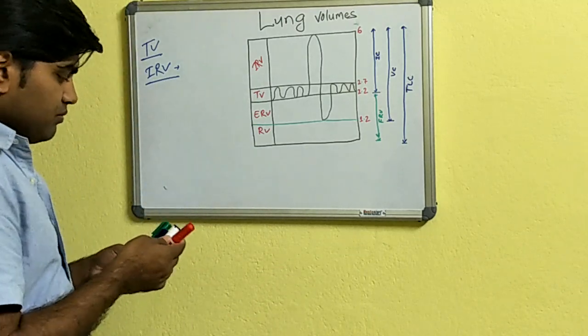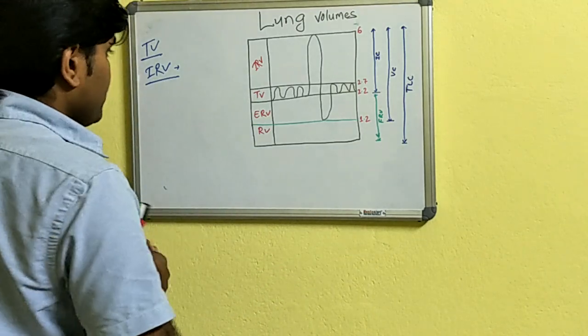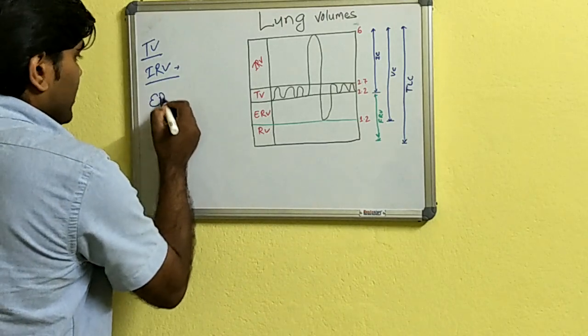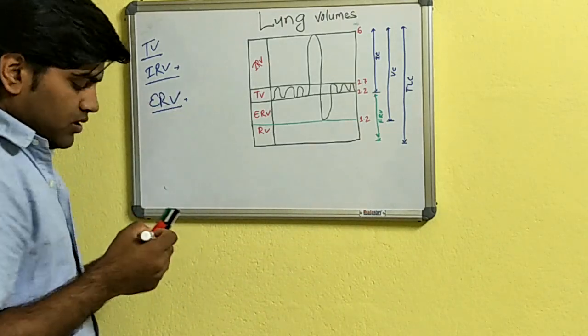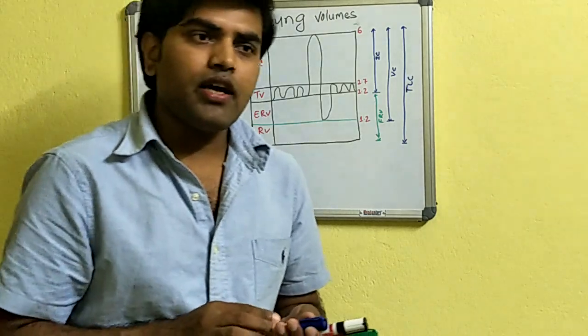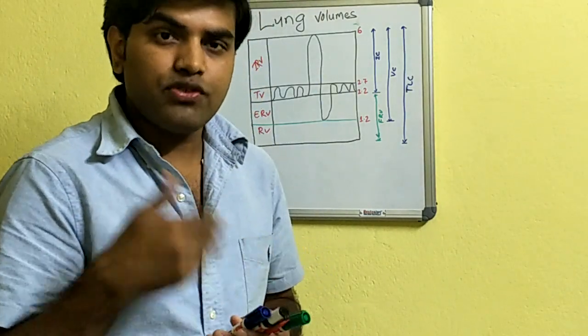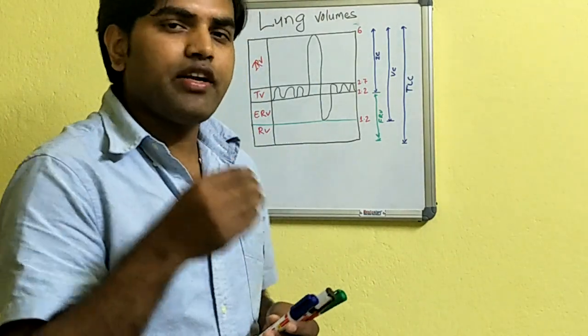Then there is the term expiratory reserve volume. This is the amount of air that can be expired forcefully after a normal tidal expiration.